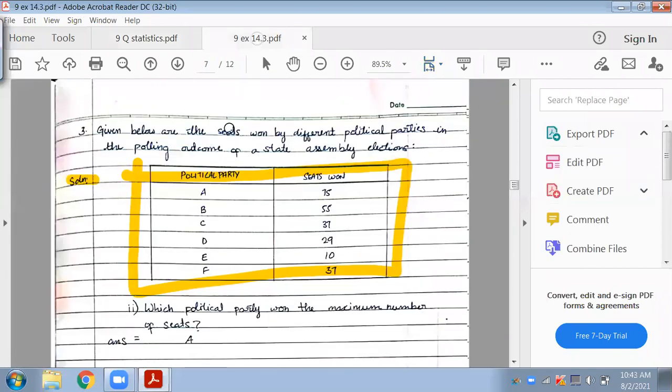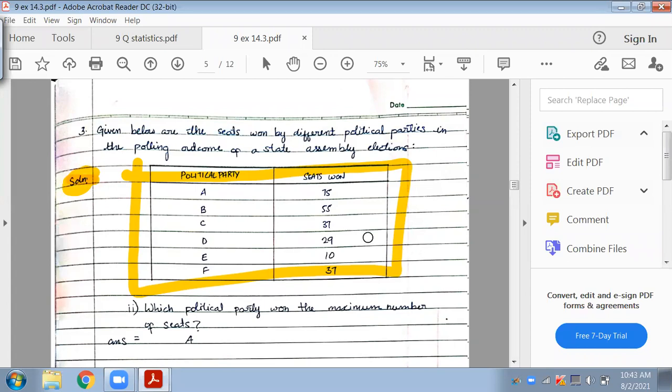So how to draw the graph? On the ruled page, on the right side, we are going to draw the table. So in the solution, you have to draw the table on the ruled page on the right side, and on the left side, on the graph paper, we are going to draw the graph.